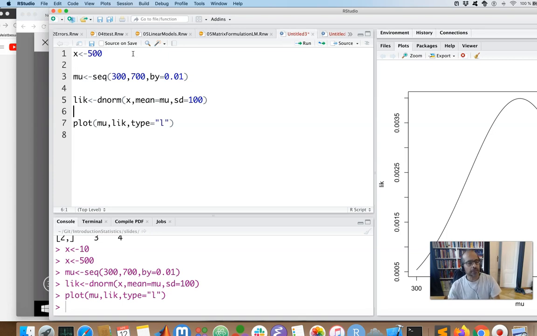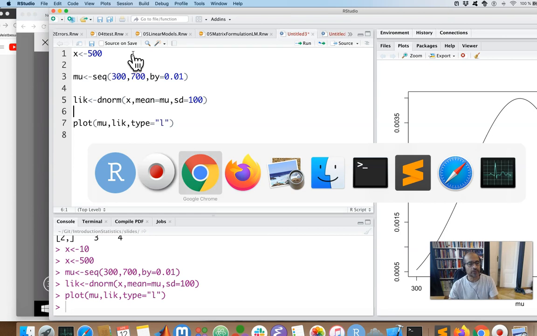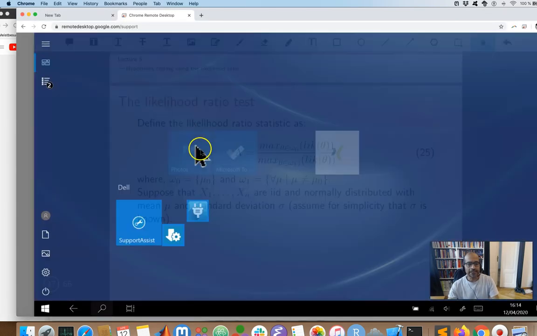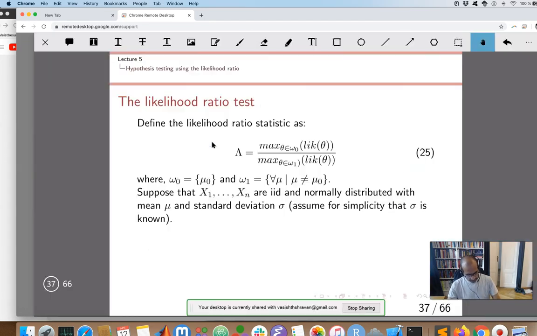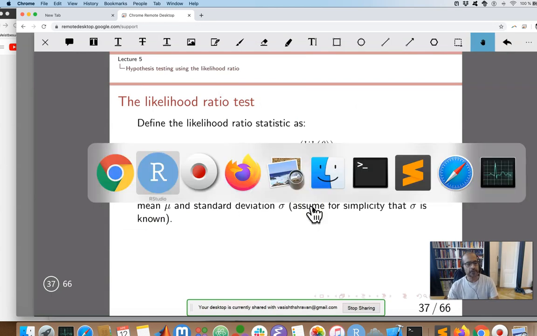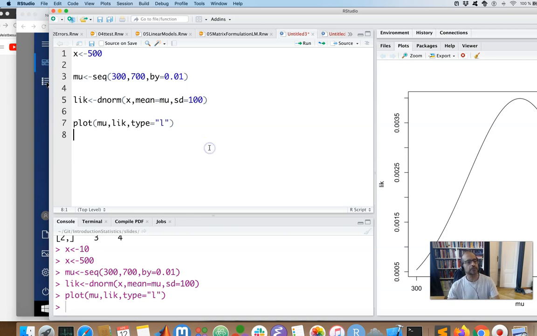So now the likelihood ratio test that I'm talking about right now looks very difficult, maybe, but if you think about it in practical terms, what it is saying is that we want to know which value of mu is more likely.